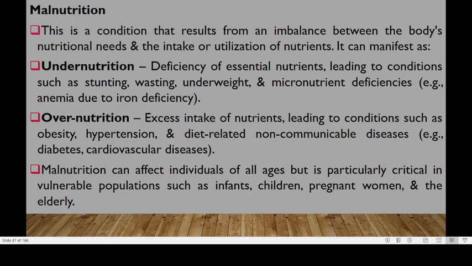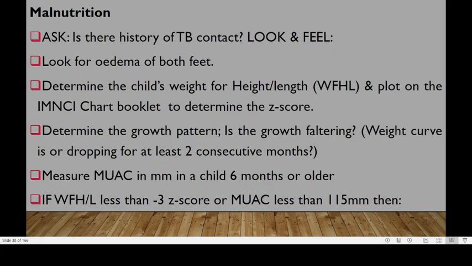As for overnutrition, we could have excessive intake of nutrients, leading to conditions such as obesity, hypertension, and diet-related non-communicable diseases, e.g., diabetes and cardiovascular diseases. Malnutrition can affect individuals of all ages, but it is particularly critical in vulnerable populations like infants and children, the pediatric population, which is the topic of interest today.